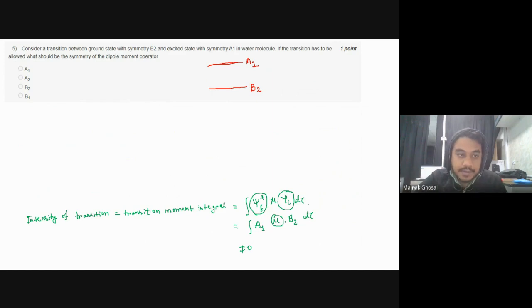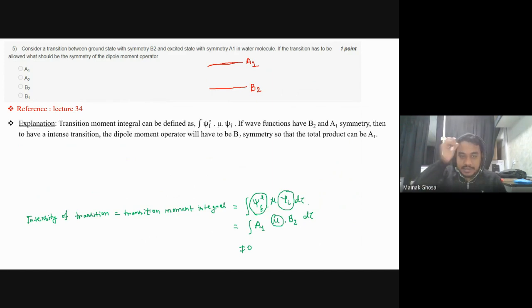Okay, fine. So you can find this answer in lecture number 34. The transition moment integral can be defined as the integral of psi f star mu psi i. So if the wave functions have B2 and A1 symmetry, then to have an intense transition, the dipole moment operator has to have what symmetry?